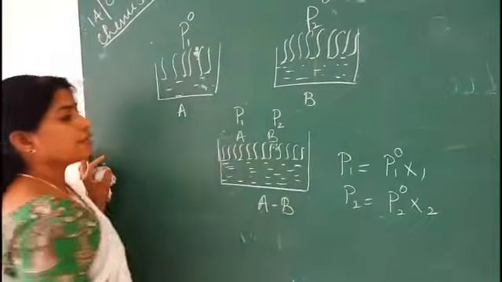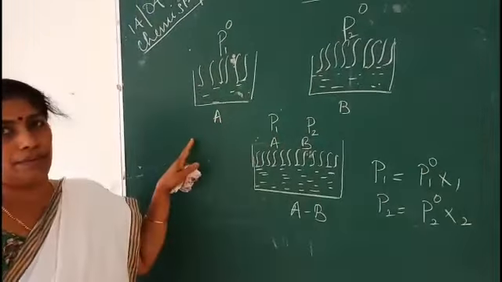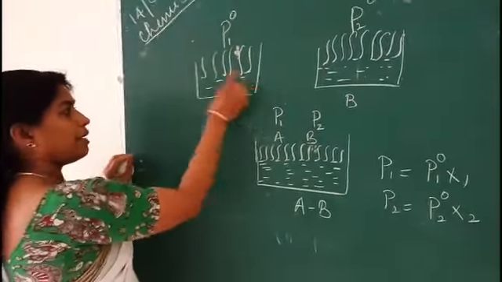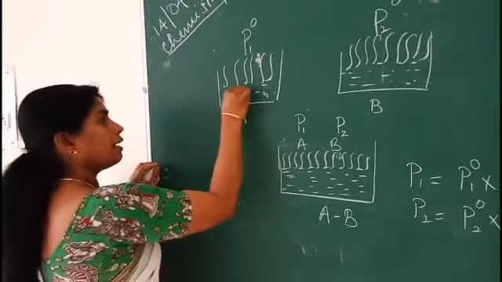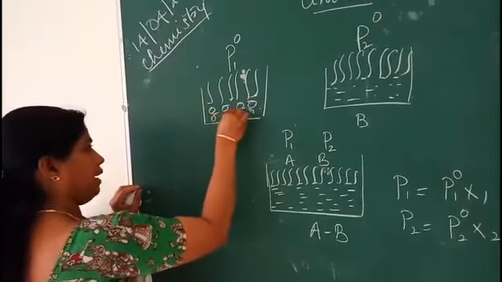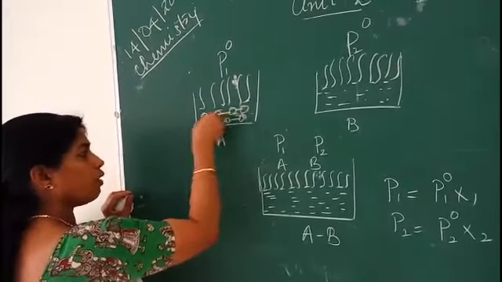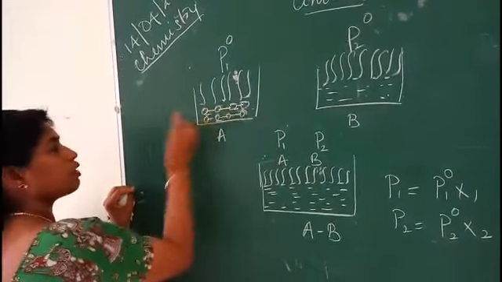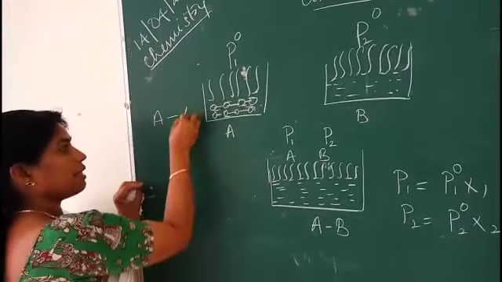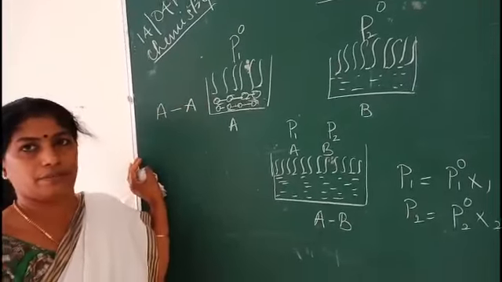Now what is the reason for the ideal behavior? When liquid A is there, in A there are molecules of A. There is force of attraction between these molecules of A. That force of attraction can be called A interaction.